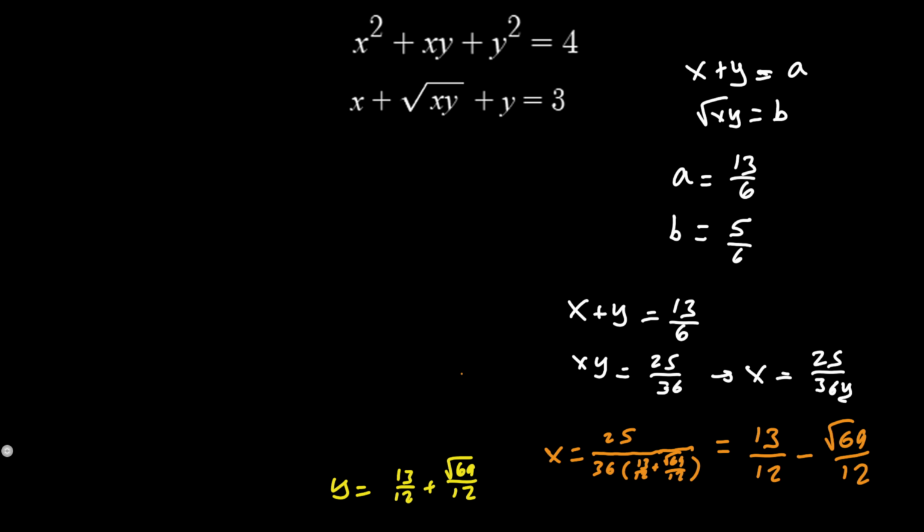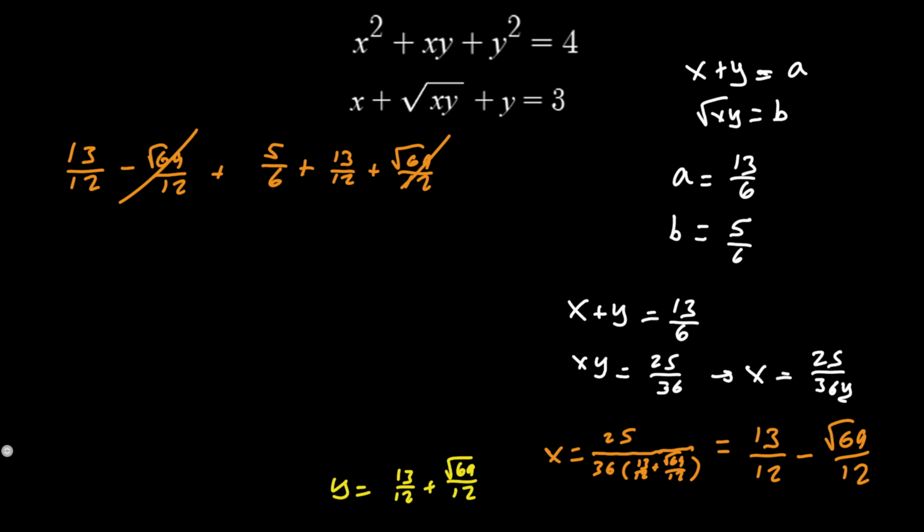So we will have 13 over 12 minus root 69 over 12 plus the square root, right, of all this, which I'll just write as 25 over 36, which is just 5 over 6, plus 13 over 12 plus the square root of 69 over 12. They cancel out.